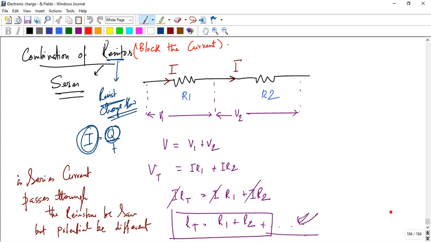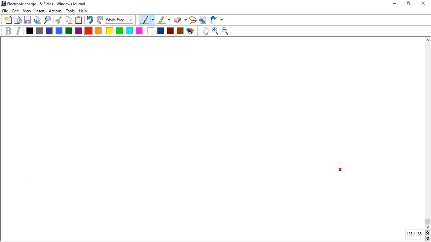So what is a parallel combination? The parallel combination is actually a junction combination. The main important point is the junction point.